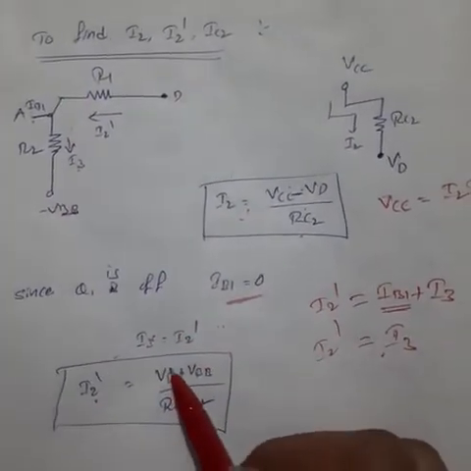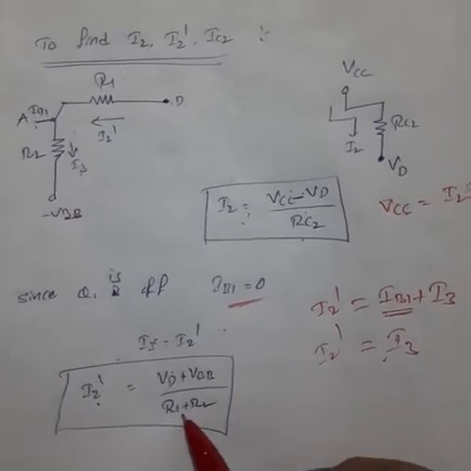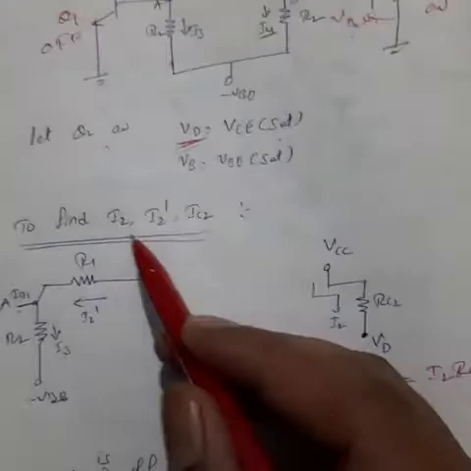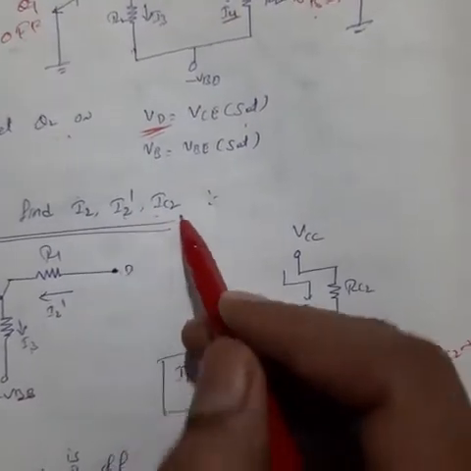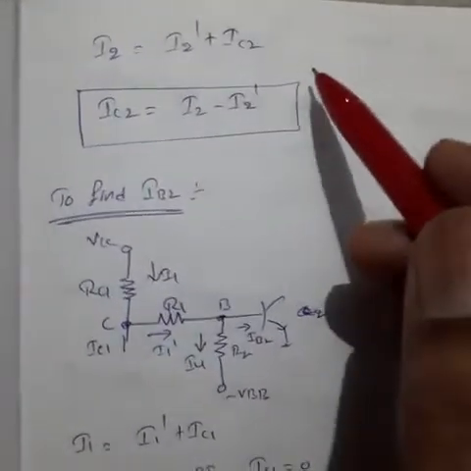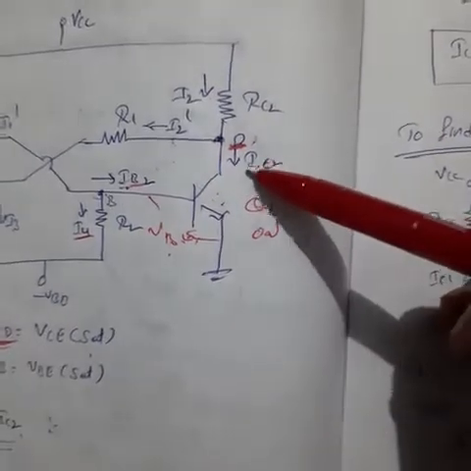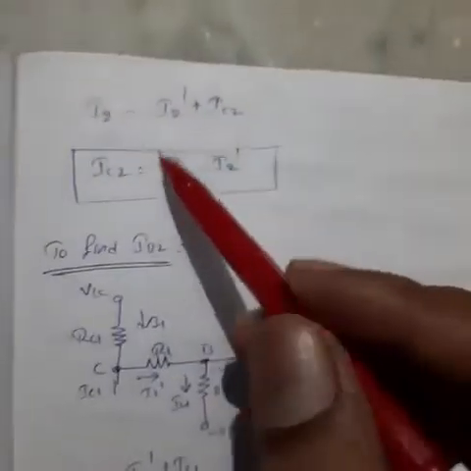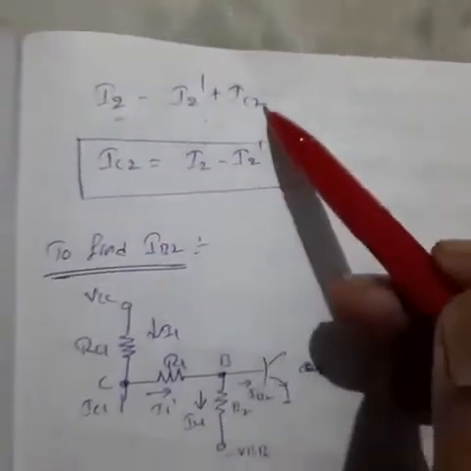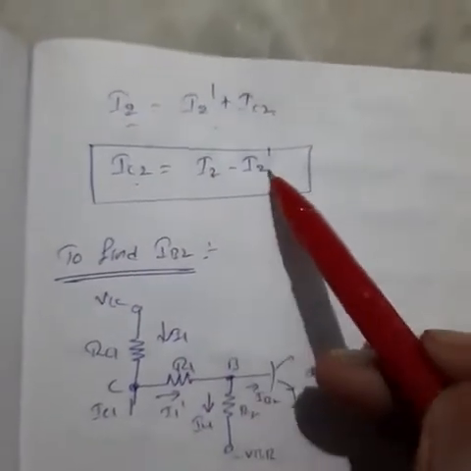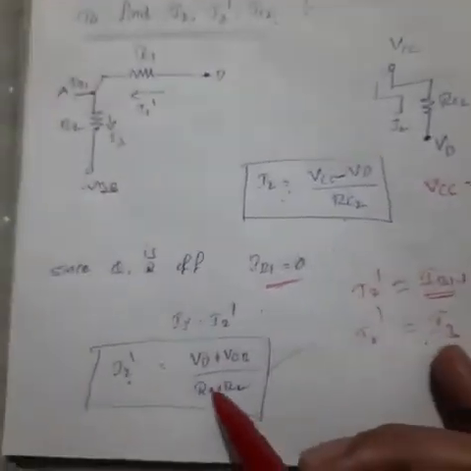We have completed I2 dash. Next, IC2: I2 equals I2 dash plus IC2, so IC2 equals I2 minus I2 dash. We already derived the equations for I2 and I2 dash.